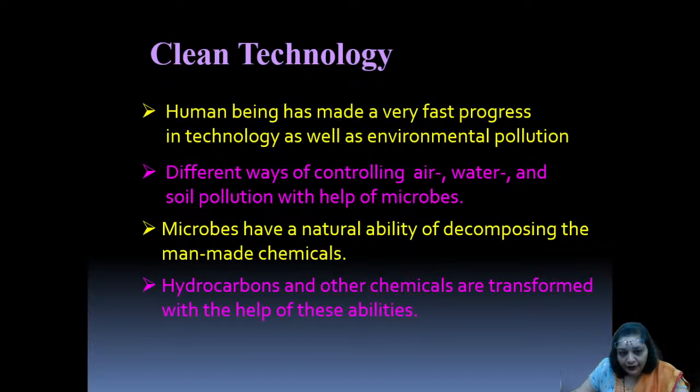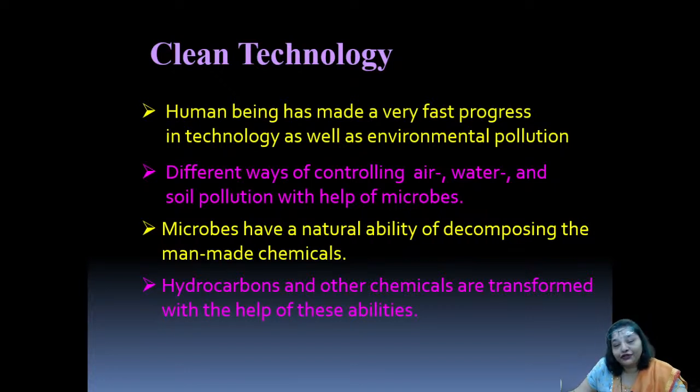And free of pollutants. But this is not an easy affair. Different ways of controlling air pollution, water pollution, and soil pollution with the help of microbes is very necessary nowadays. So microbes actually are being exploited and used to keep all the different types of pollution under control.